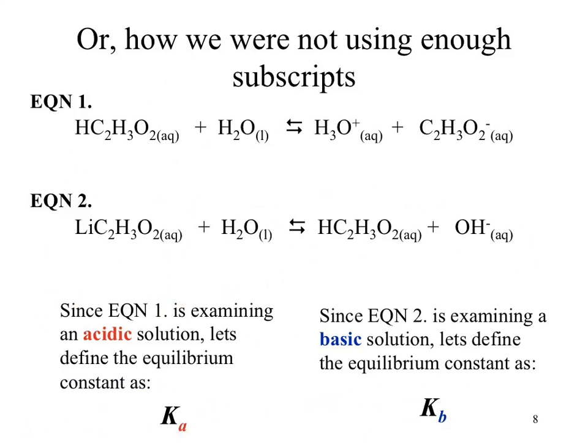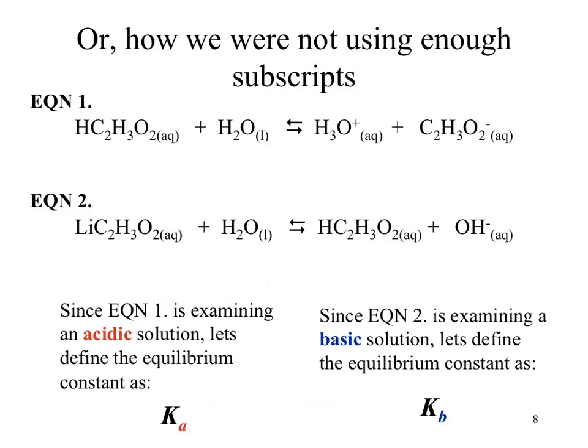What happens in equation 2? The solution is now basic. So I can again call it capital K, but since my solution is basic, I'll call it K sub B, or our base equilibrium constant. Why do we add that? Because if I know Ka, I can solve Kb.